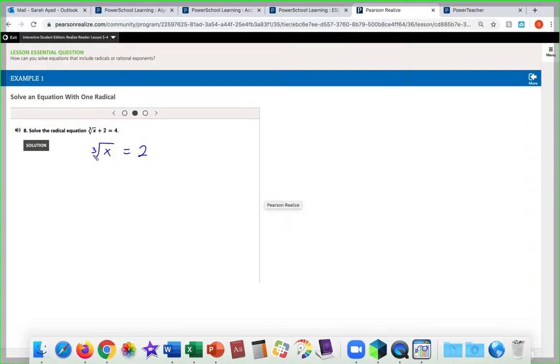Now, what's the opposite of a cube root? Cubing, right? Raising to the third power. So that will leave me with x equals 8. I check my work. Is the cube root of 8 plus 2 equal to 4? Well, the cube root of 8 is 2. Is 2 plus 2 4? Yes, it is. Done.